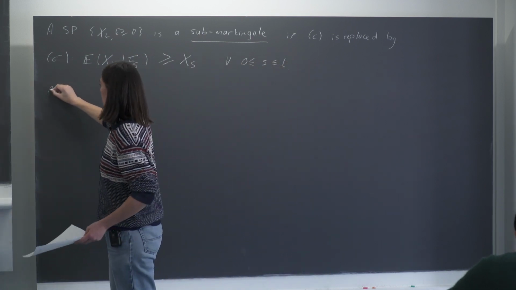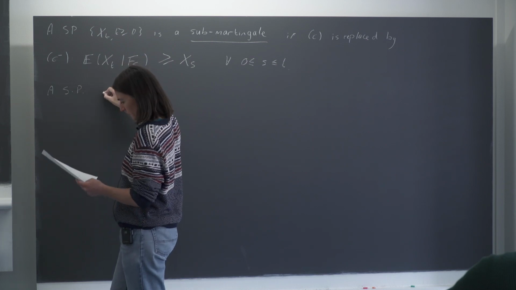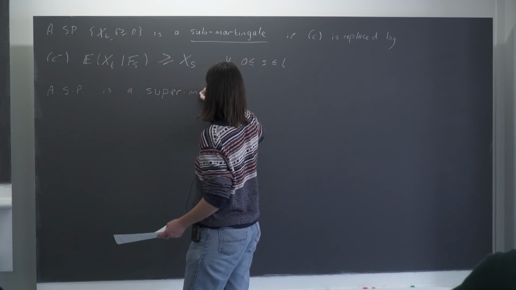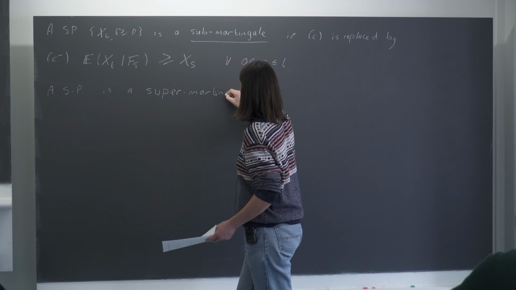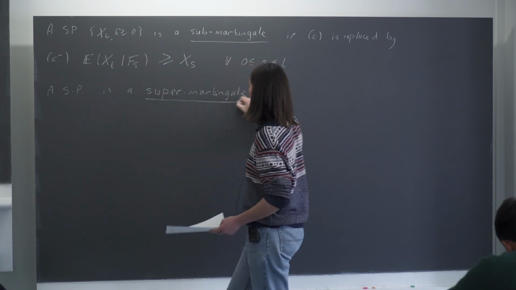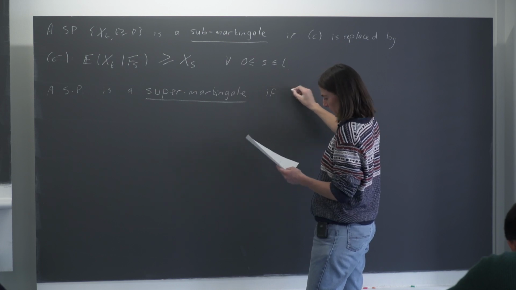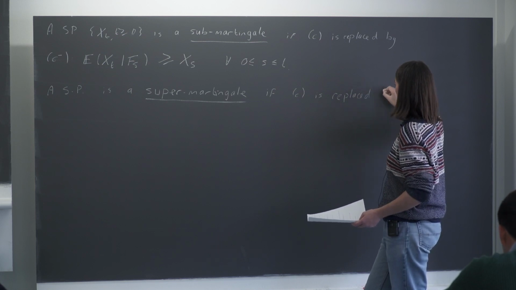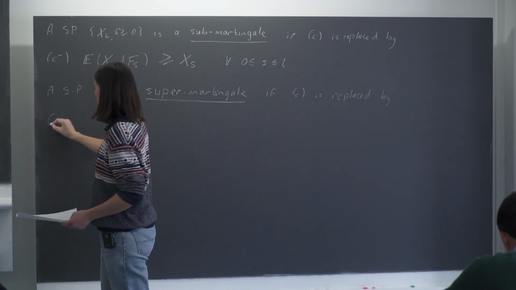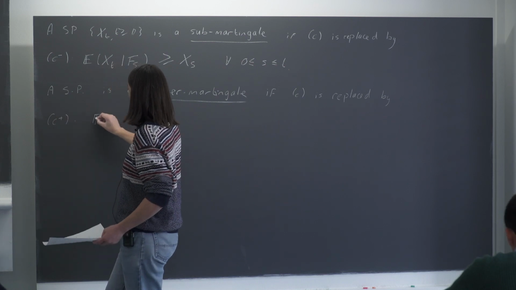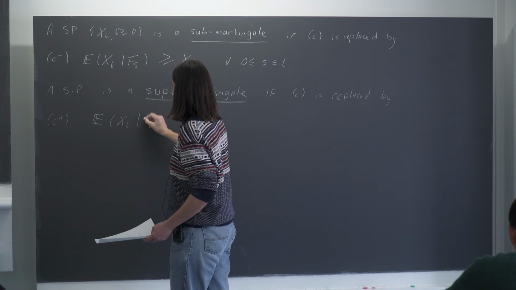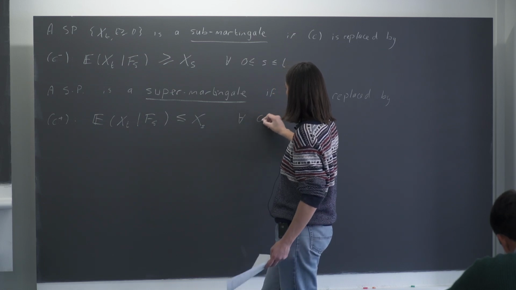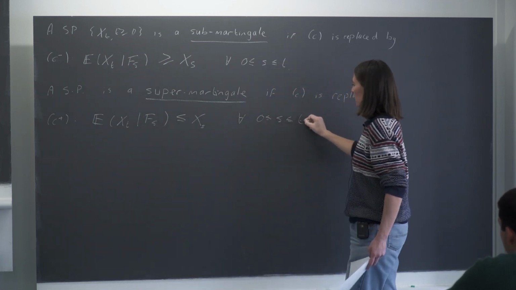And a stochastic process is a super Martingale if C is replaced by C plus, which is the expected value of Xt conditional on Fs is less than or equal to Xs for all s between 0 and t.